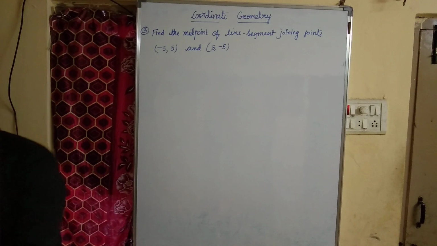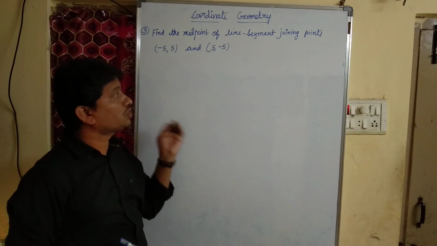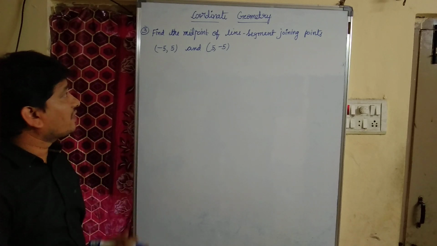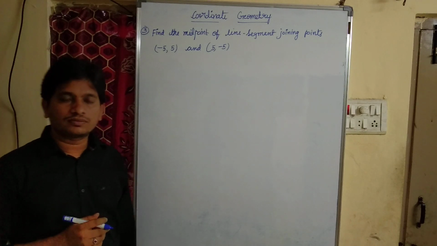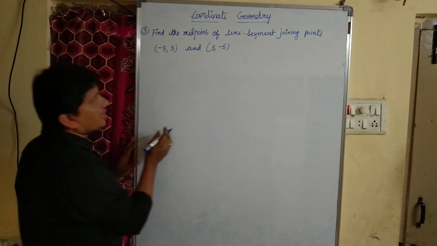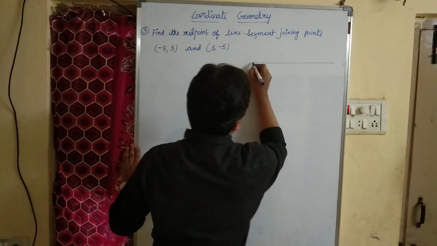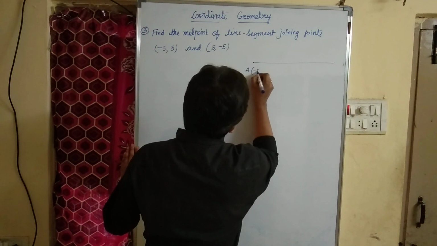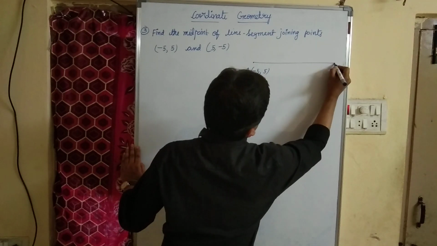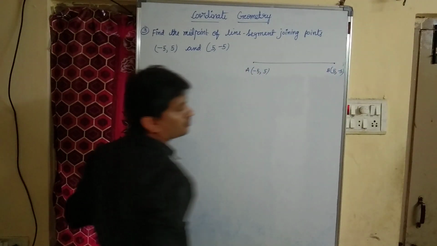So this is our question. What is the formula to find midpoint of a line segment? In general, this is the point A, minus 5 comma 5, and this is the point B, that is 5 comma minus 5.